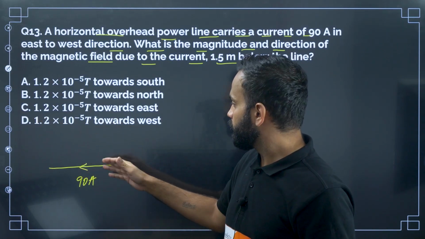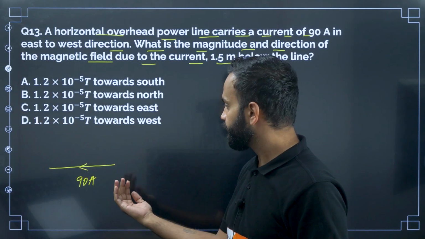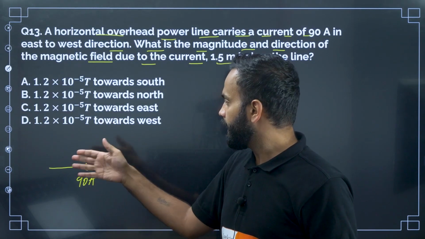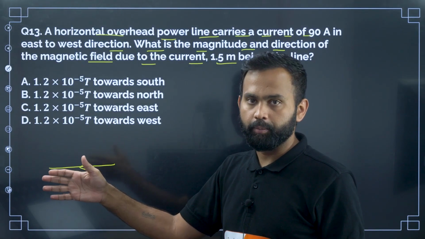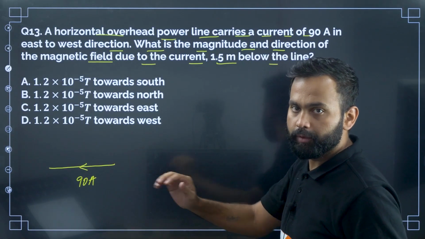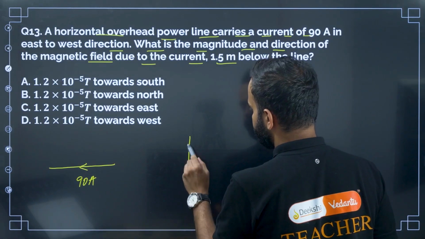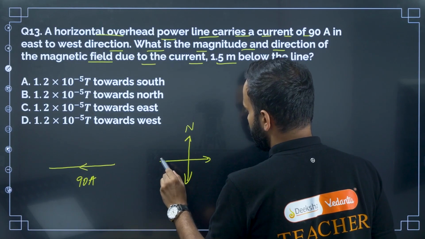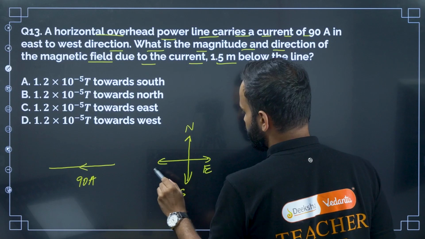Okay, so here the backside of the board is below the wire and the front side of the board is above the wire. Here the directions will be north, south, east and west.